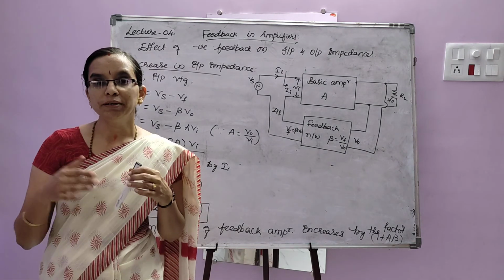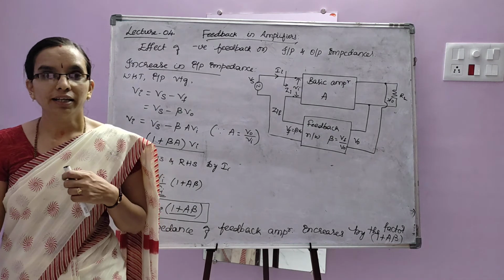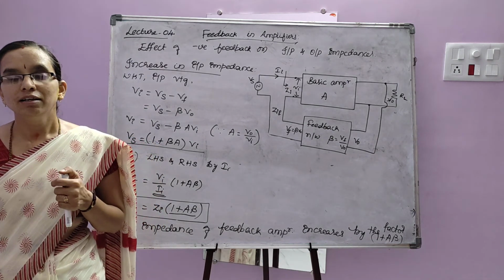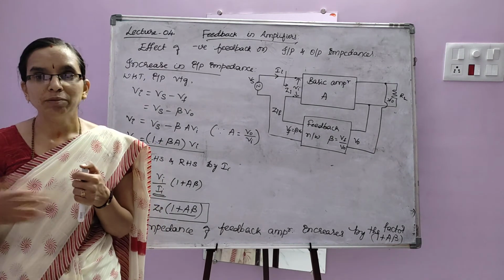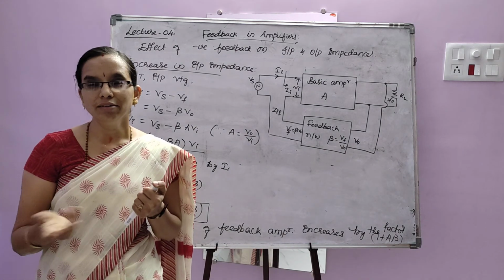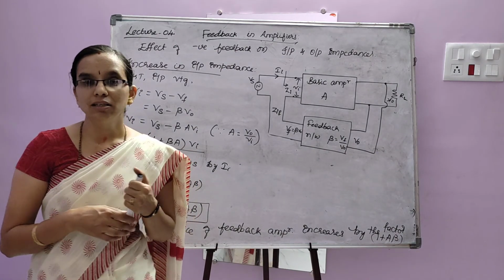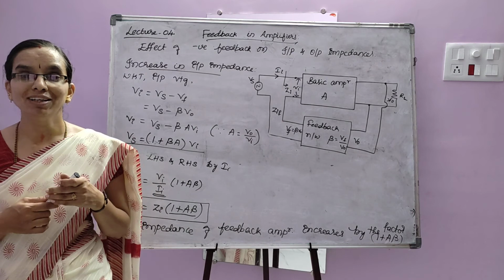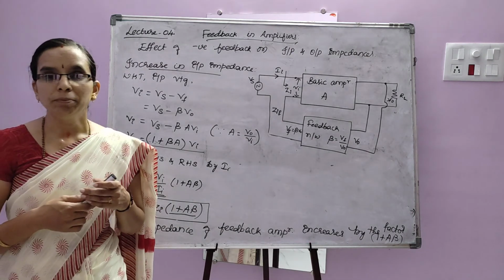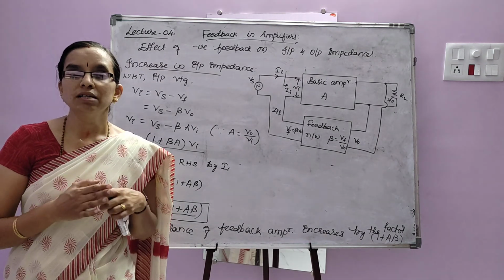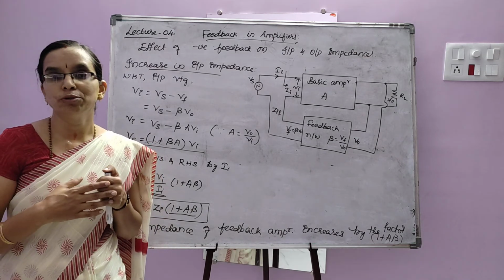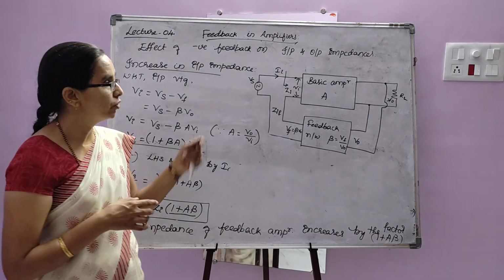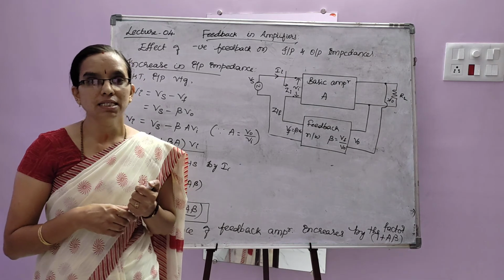If output impedance is very high, then there will be an impedance matching error, so it cannot drive loads like loudspeakers or motors which have low input impedance. So output impedance of a good amplifier should be low. That can be achieved using voltage series negative feedback.